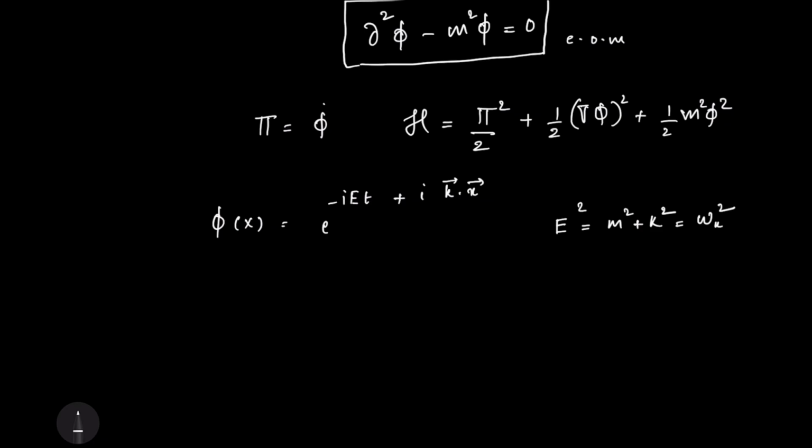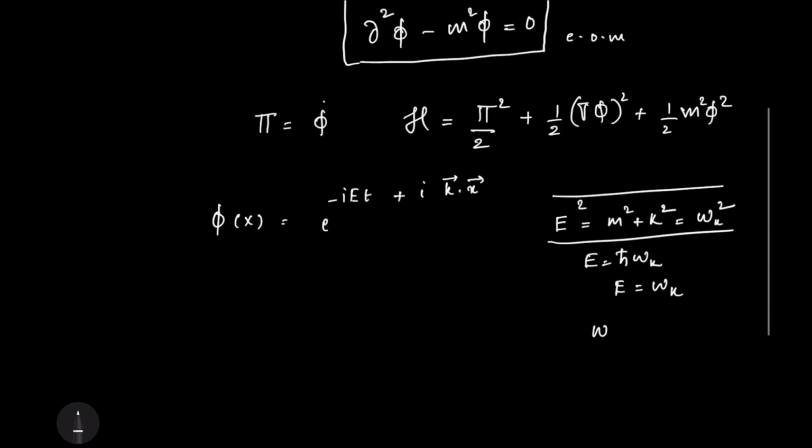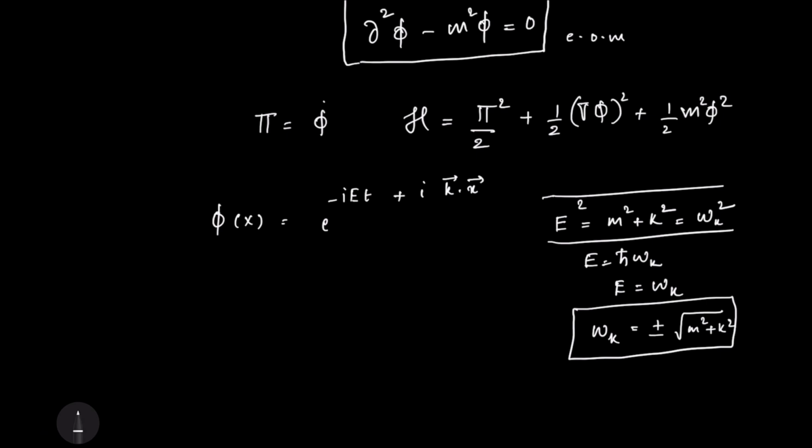Okay, so E is equal to h cross omega, right? And h cross is taken as 1 in natural units, therefore E is omega k and E square is omega k square. Now I can also write omega k is equal to plus or minus root of m square plus k square, from the equation for energy.